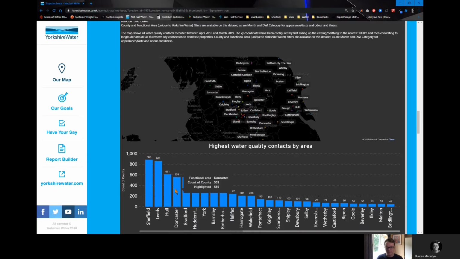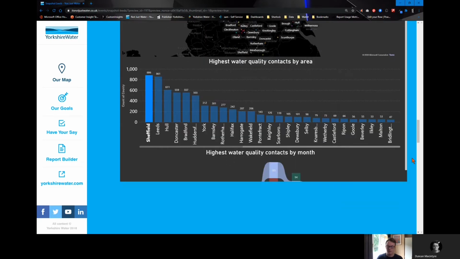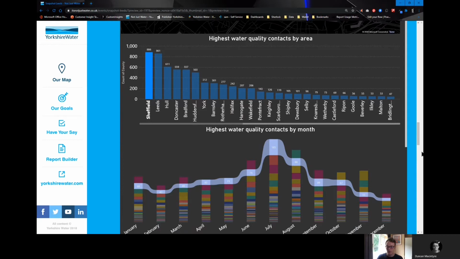And what you'll tend to find is that as you click on each of them, they will show you not only how many calls were registered, but during which months they were registered as well. So that gives you an indication on whether there was any particular months that a certain area peaked in water quality contacts. So for example, here we had 185 water quality contacts attributed to Sheffield.